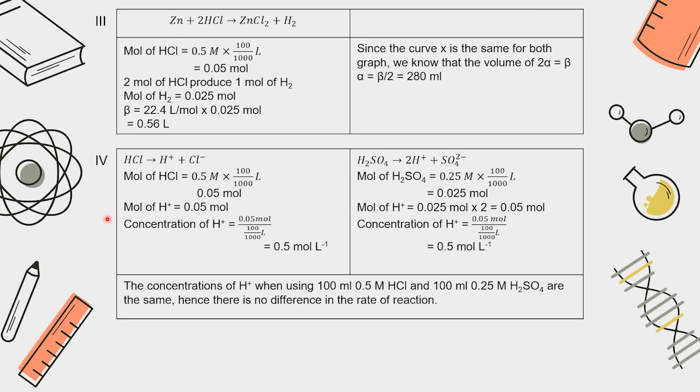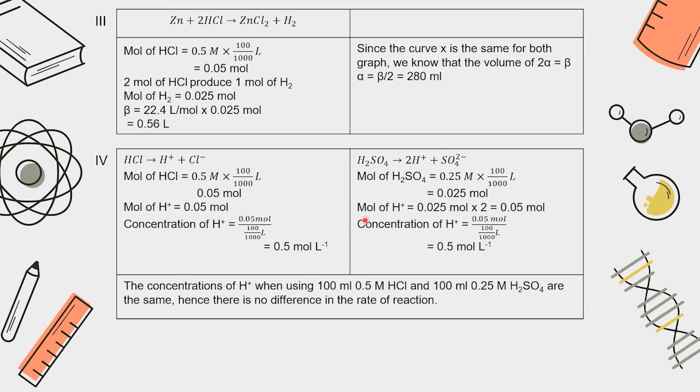So here we calculate the mole of HCl, which is 0.05, and because the mole ratio is 1:1, we have 0.05 mole of hydrogen ions, and then we calculate the concentration to get 0.5 mole per liter.